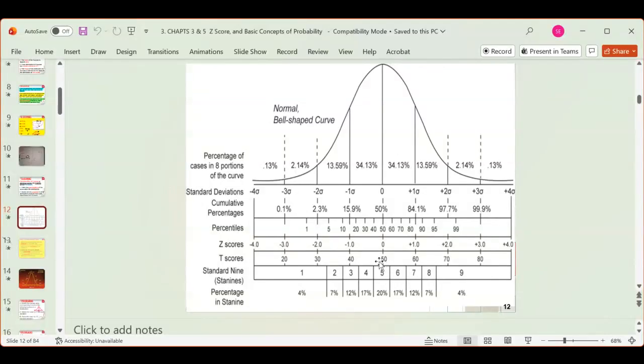Right there, that means you're average. Your depression is average. You're okay. But if you score 60, that means your depression score is one standard deviation above average. And then there are others for different purposes, like the standard nine or stanine, and of course percentages and the others, percentile.